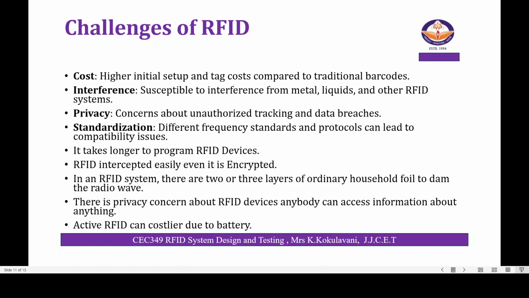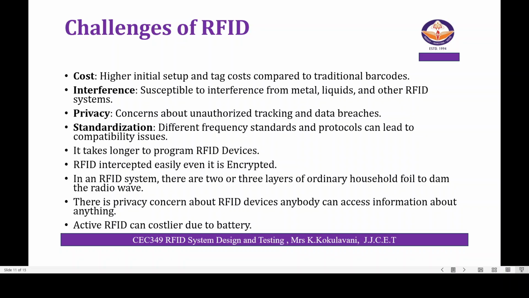We face many challenges when using RFID tags. The cost is much higher in the initial setup, and the tag cost is high compared to traditional barcodes. Interference: RFID is susceptible to interference from metal, liquids, and other RFID systems. If interference happens, we may avoid it using various technologies.